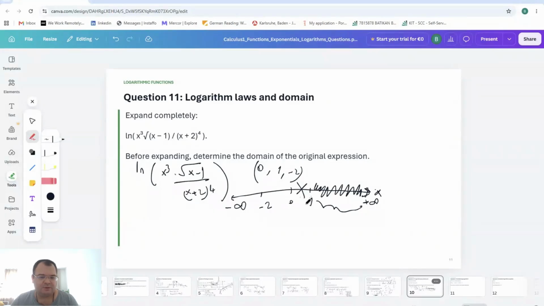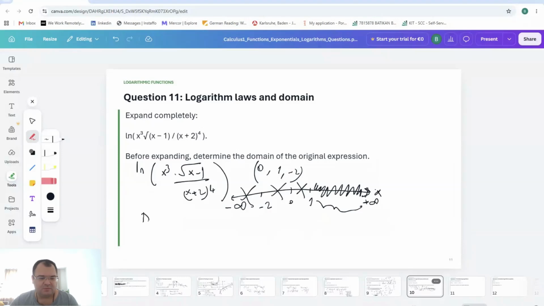Actually, you cannot use any value smaller than 1, because it always makes the inside of the square root negative. The only values that you can use start from 1 going up to plus infinity.